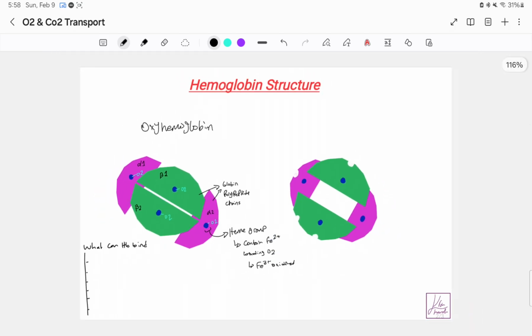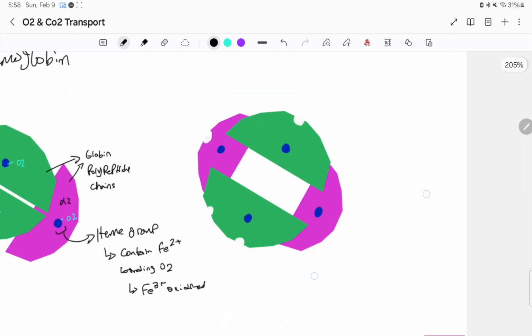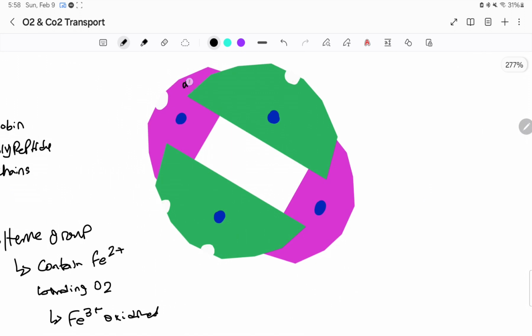Now let's talk about this one. This is still hemoglobin. It's just the structure of it has changed now. In this specific structure, again, we're still going to have these subunits, the alpha 1, the alpha 2, the beta 1, the beta 2. Again, you don't really have to know these too much. Don't worry about them.